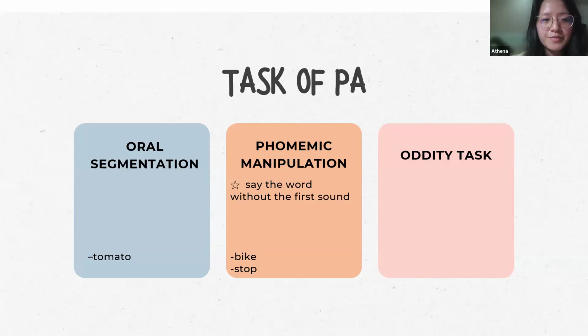For example, I would start with the first syllable. Don't be nervous, just share.